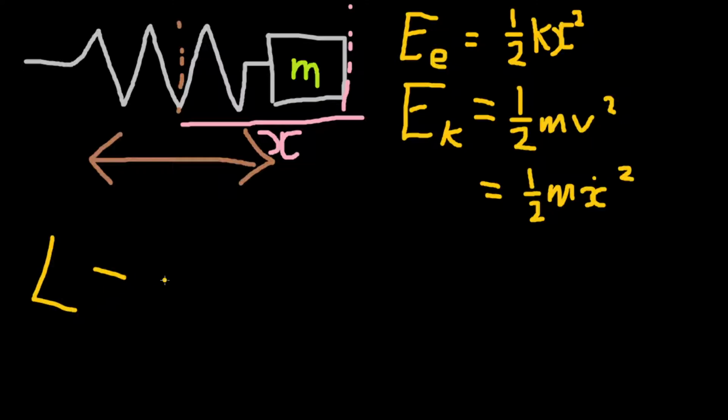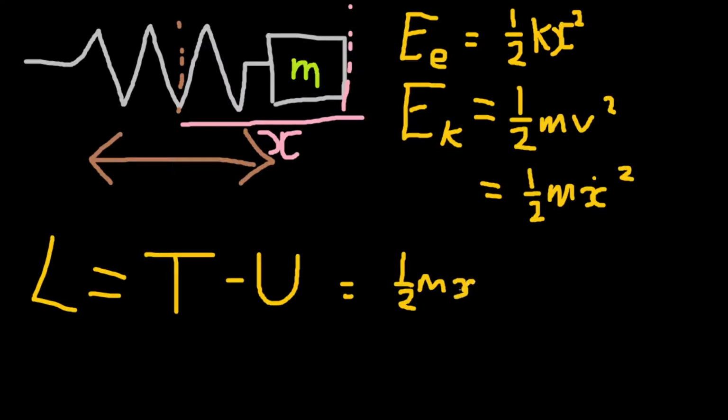We get that the Lagrangian is equal to the total kinetic energy minus the total potential energy, which we've already laid out, is just 1/2 m x dot squared minus 1/2 k x squared.